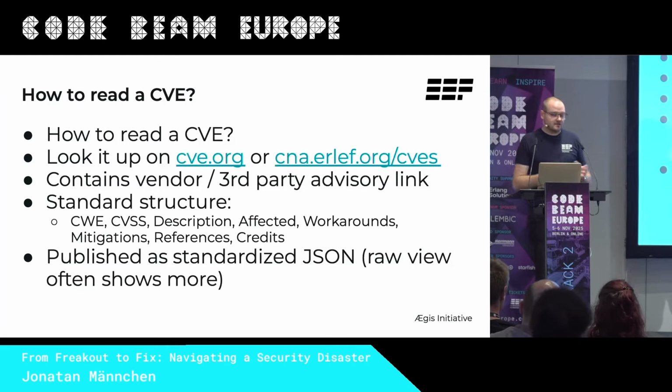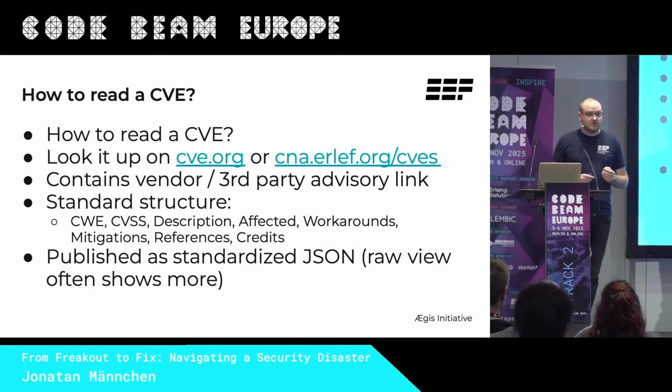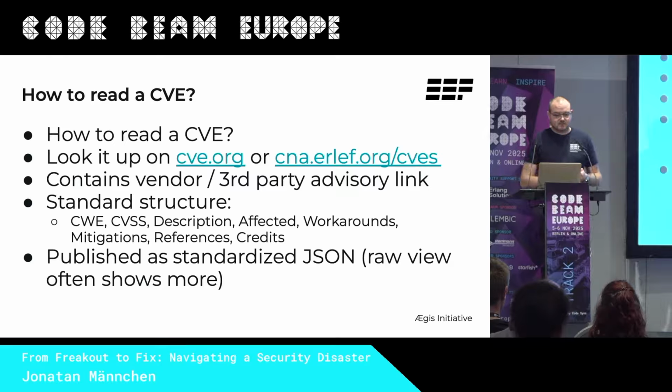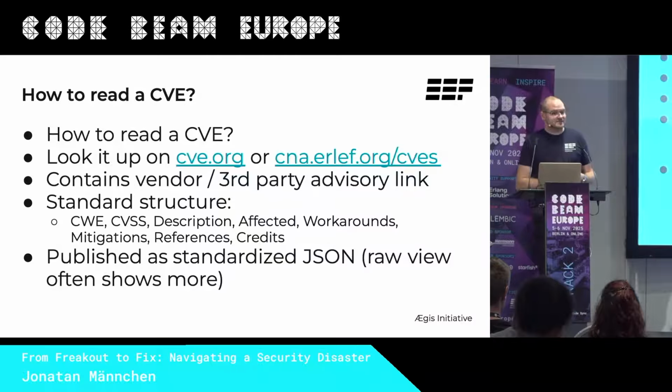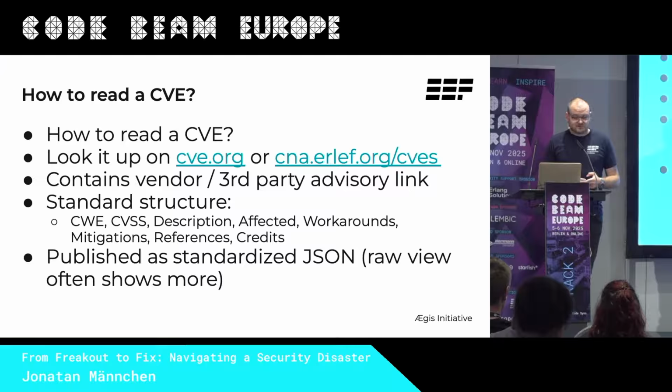cna.erlef.org/CVEs. Each CVE has a standardized structure with a few common building blocks. We have the CWE, which is the type of weakness, something like improper input validation. We have CVSS, which is the severity score. We have a human-readable description.